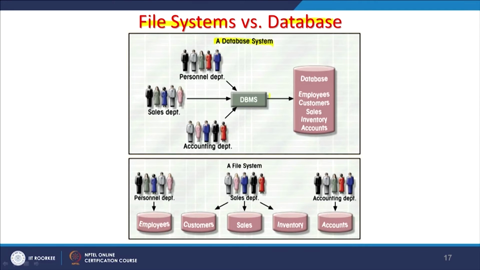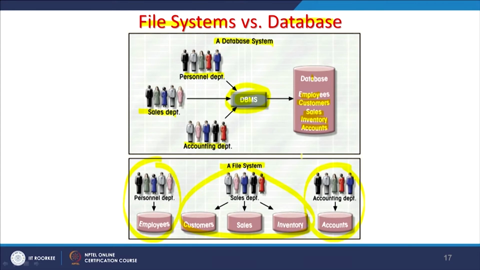So, in a nutshell, if we discuss file system versus database, in a database system we have a centralized database management system, and every inventory or related data is there in the database. Different departments may work independently, but they are all connected with one database management system. Whereas in the case of a file system, all people are working for the same organization, but their information is independent of each other, lying in isolation, and not logically related or connected.